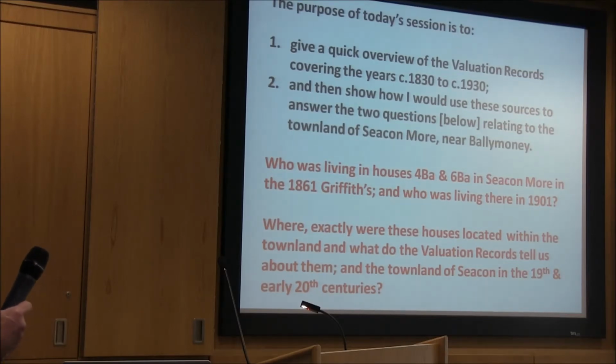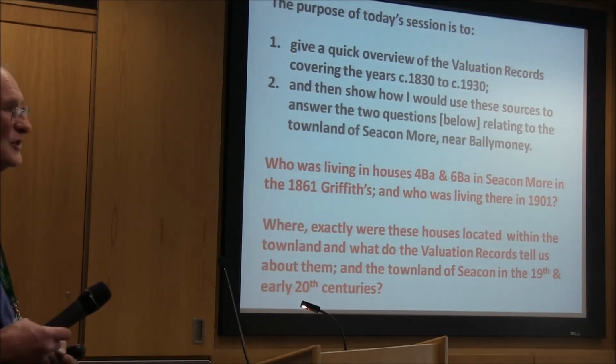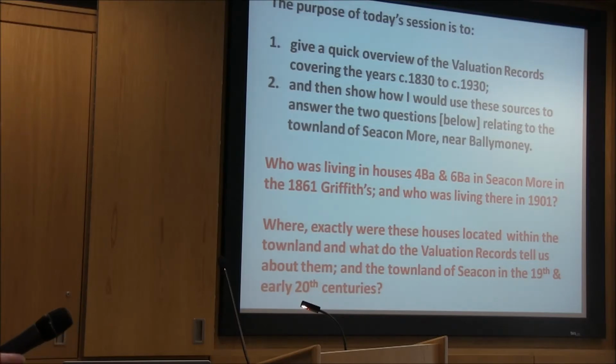But I'm going to do a quick overview. Then I'm going to show you how I would use these sources to answer the 2 questions below, because I thought, how can I actually explain this? There is so much to explain. And I thought the best way to do it was to look at 2 houses, basically. Because out of the 2 houses you can do a lot. Now, that may not make much sense to you.